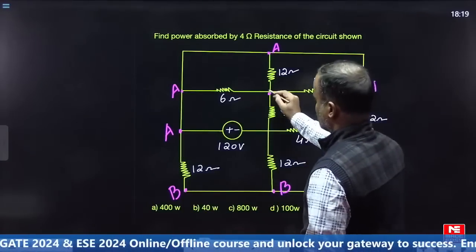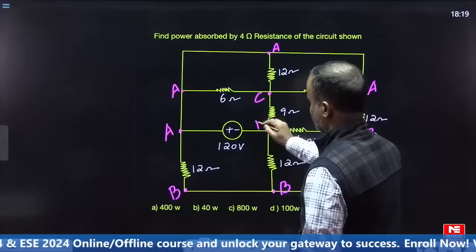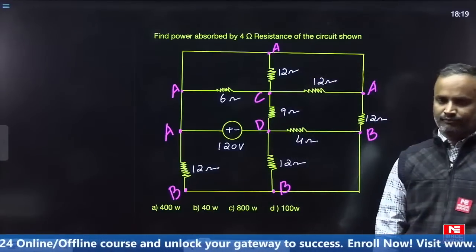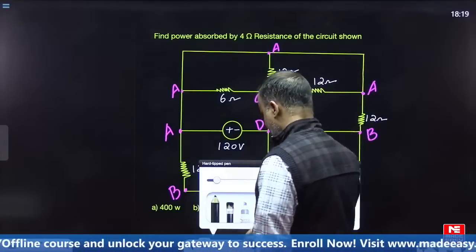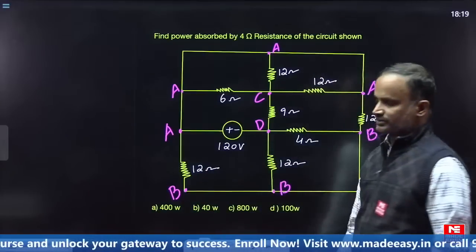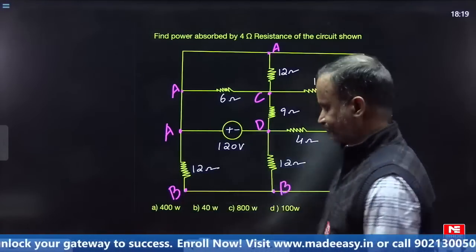Similarly, give the names potential at C and potential at D. If you give names, you won't get any confusion and can easily identify the connections.